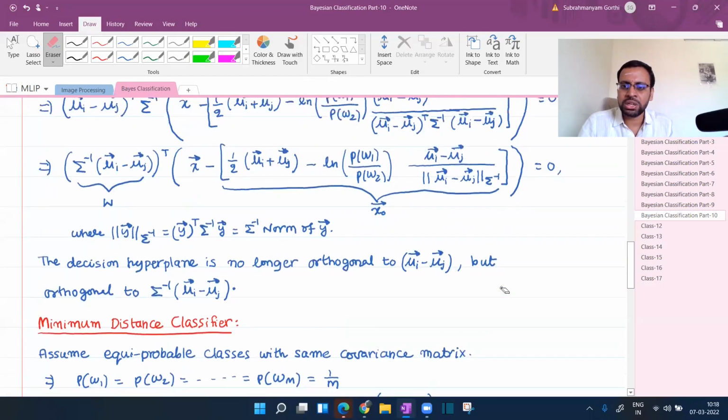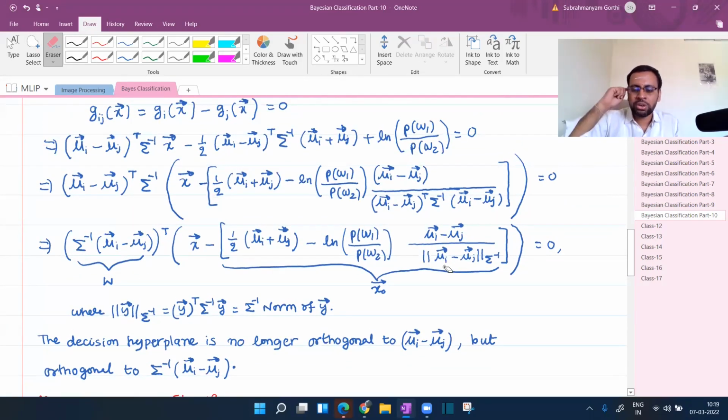Now, in addition, what you are doing is applying a transformation of sigma inverse on that. Instead of that, mu transpose into sigma inverse into mu is referred to as Mahalanobis distance.